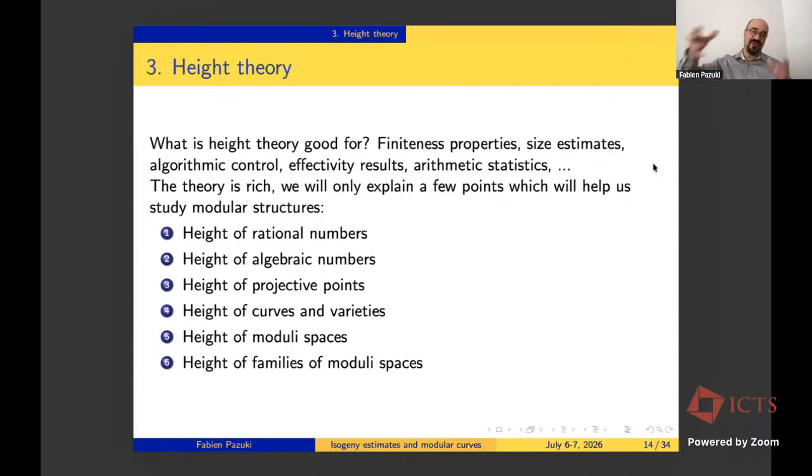Then you can let the classifying space move as well. And you want to know how the height is varying in all these contexts. So that's what we're going to glance over, keeping in mind what we have in the end: we want some results on variation of height for X_0(N) when N varies. So a little bit in the last level, if you want.